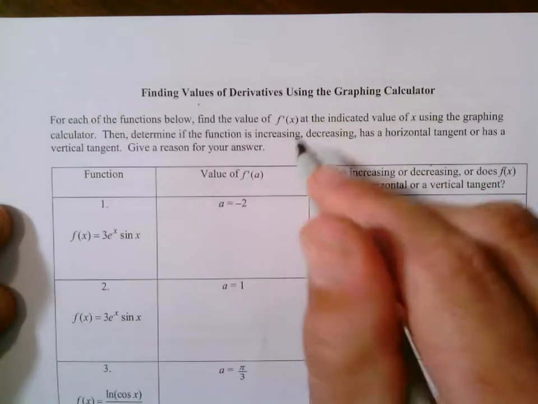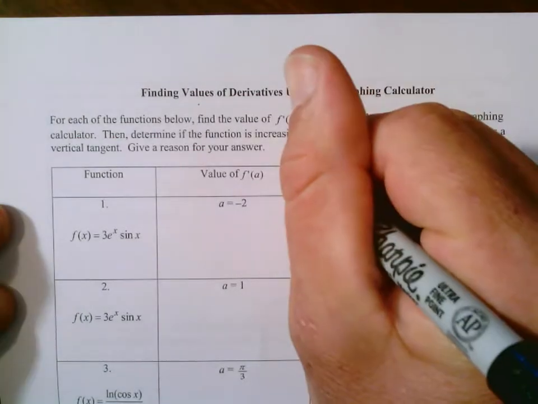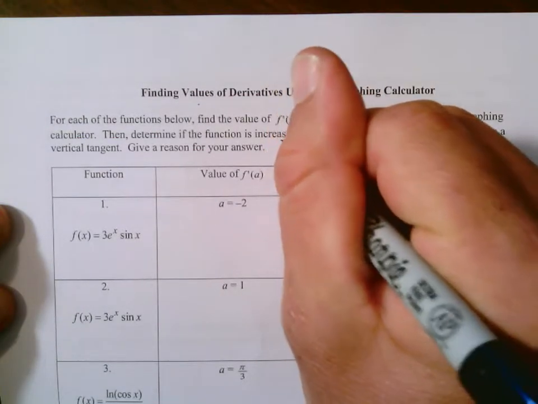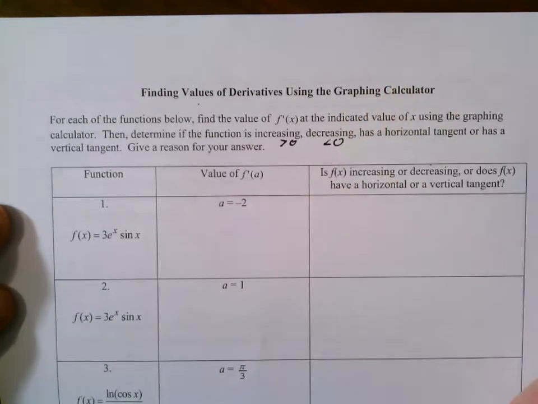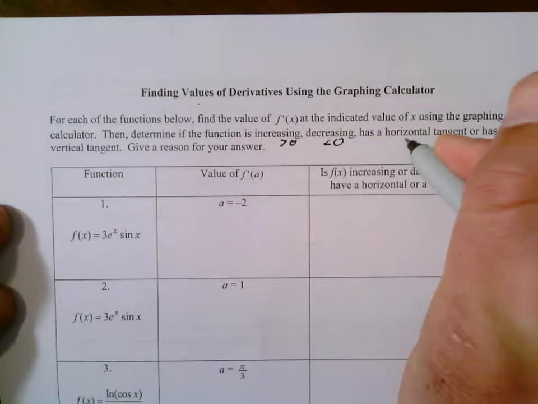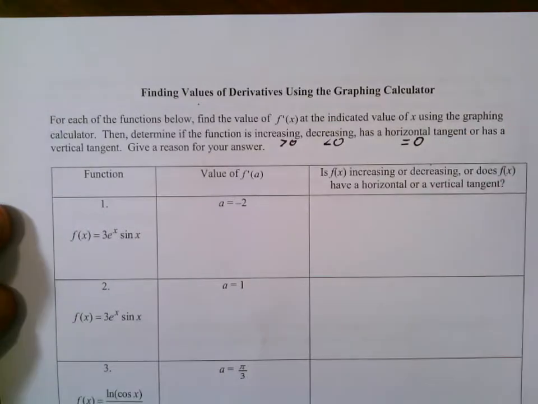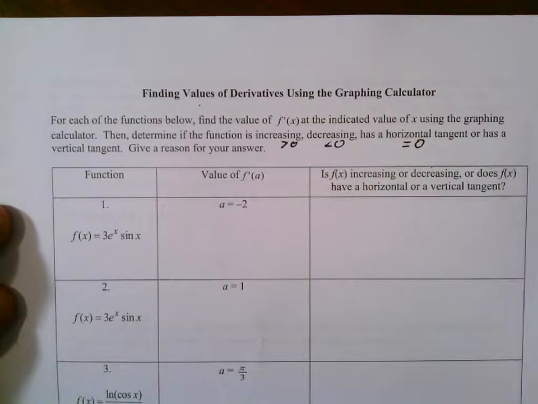If it's increasing, we know our derivative will be greater than 0. Our derivative will be less than 0 at decreasing. Our derivative will be equal to 0 at horizontal tangent, and for a vertical tangent we're going to get undefined, so our calculator will give us error.